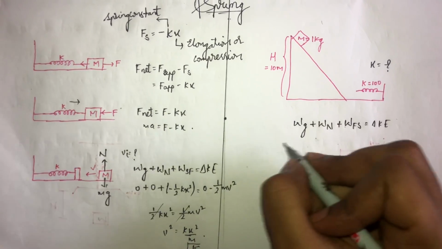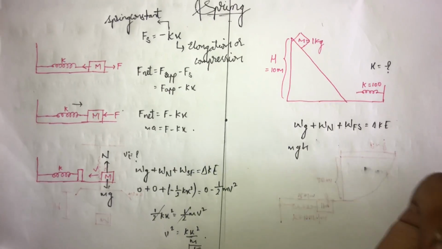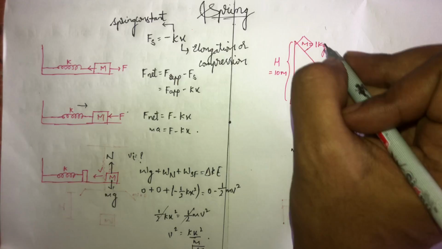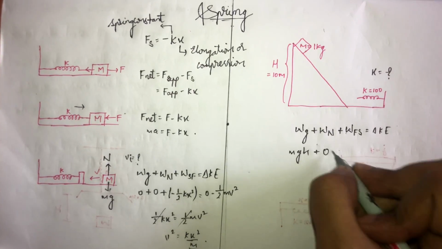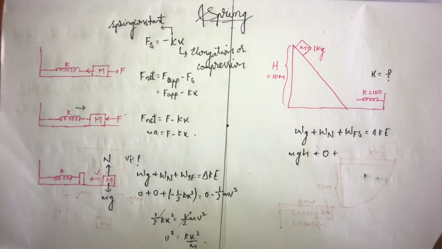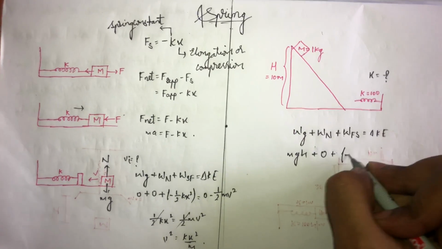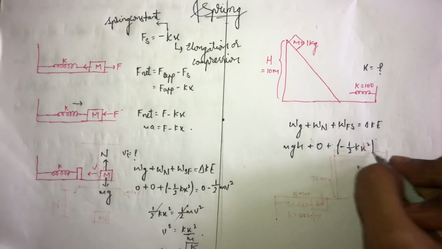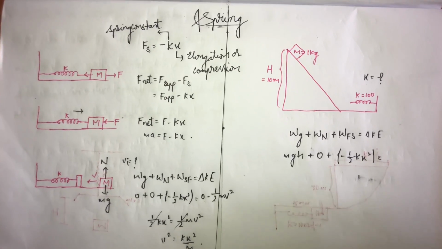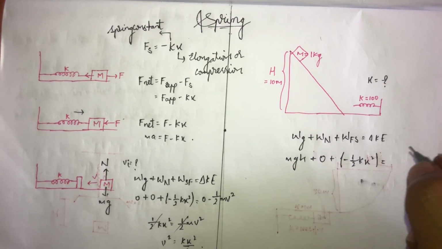So work done due to gravitation will be equal to mgh, as the displacement is in the downward direction and the gravitation is also downward, so plus mgh. Work done due to the normal reaction will always be equal to 0. Work done by the spring force will be equal to minus half kx square, and the final and initial velocities are both 0, so the change in kinetic energy will also be equal to 0.